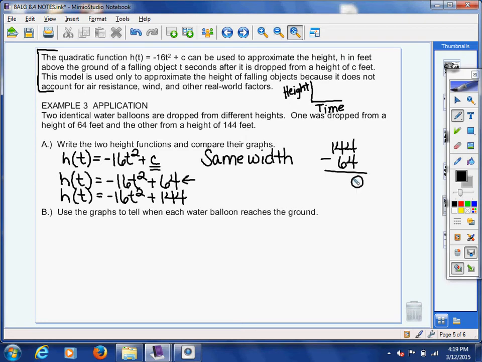So when we subtract, we'll see that the second balloon, the one at 144 feet off the ground, is 80 feet higher, okay? So the second water balloon is at a height that is 80 feet higher.